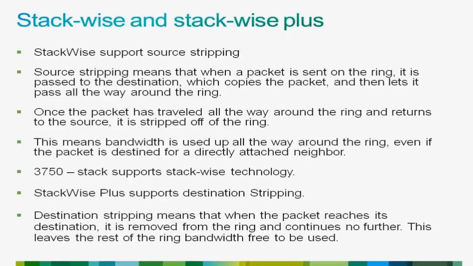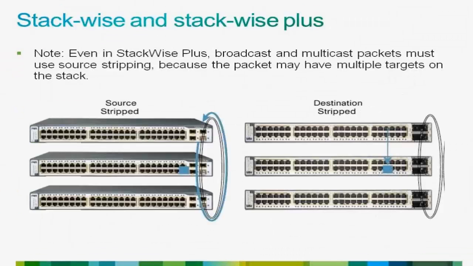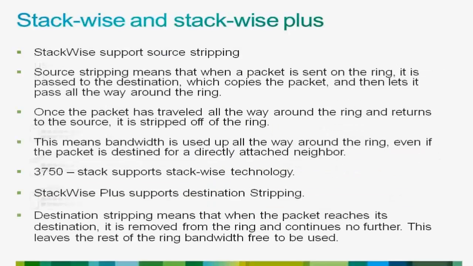So to overcome this, we got a concept called StackWise Plus, which is currently in use. Let's consider the same scenario where the traffic is coming from the master and goes to switch 2. As soon as it reaches switch 2, where the destination is, it's going to strip the packet off the ring, and the packet ends there itself. In this way, we save lots of bandwidth on the backplane. So this is the difference between StackWise and StackWise Plus.